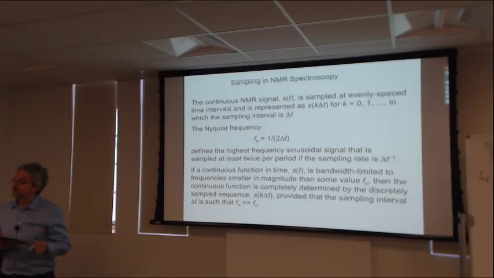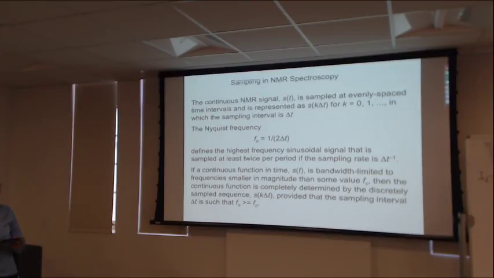For the time being, we're doing Fourier transforms, and the Fourier transformation requires that we sample at evenly spaced time intervals. It doesn't matter whether it's acquisition or the indirect dimension; the signal is sampled at even time intervals, delta t times k, where k goes from 0 out to some maximum value. What's called the Nyquist frequency is 1 over 2 delta t.